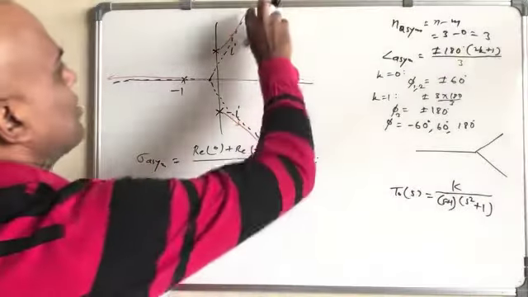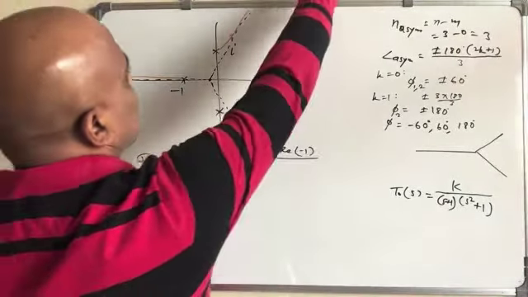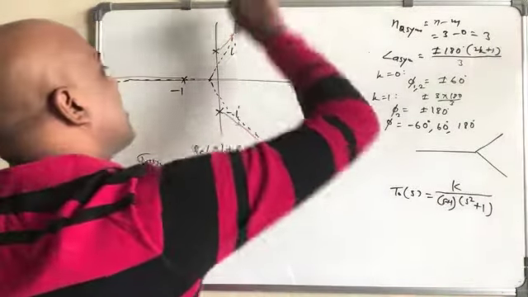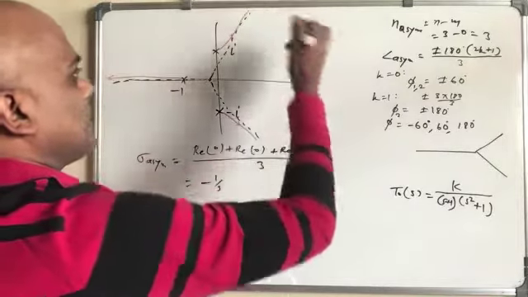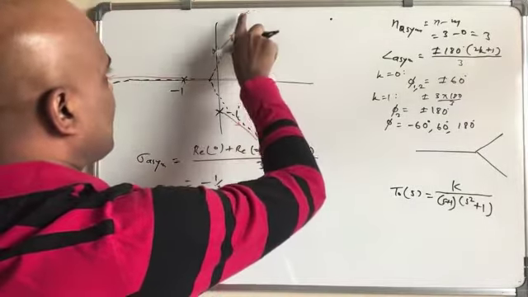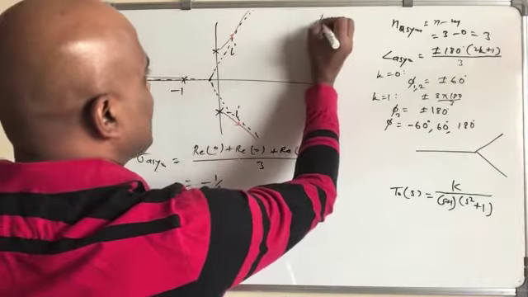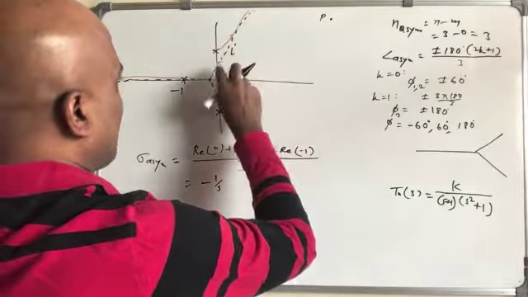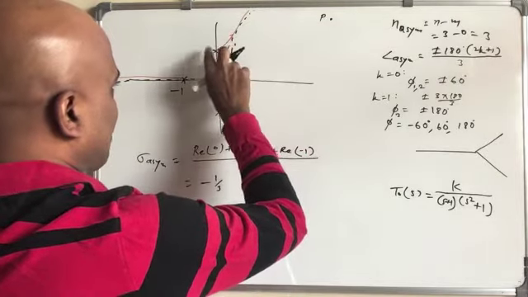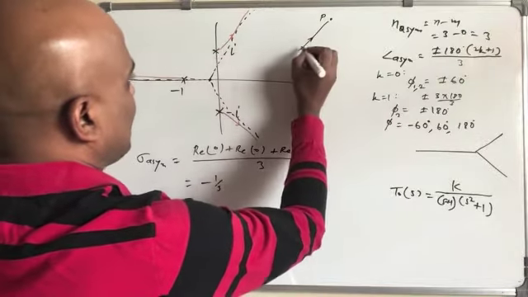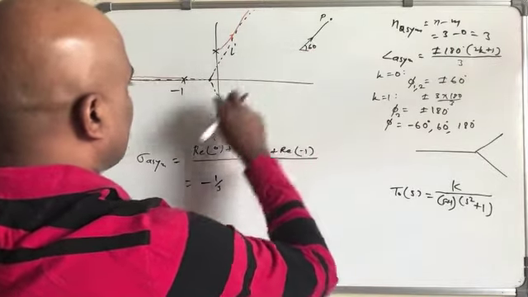Let us say you are looking at a test point which is very far away up here, and in that case this test point P is so far away that the angle from this cross goes like this one, and this is 60 degrees.